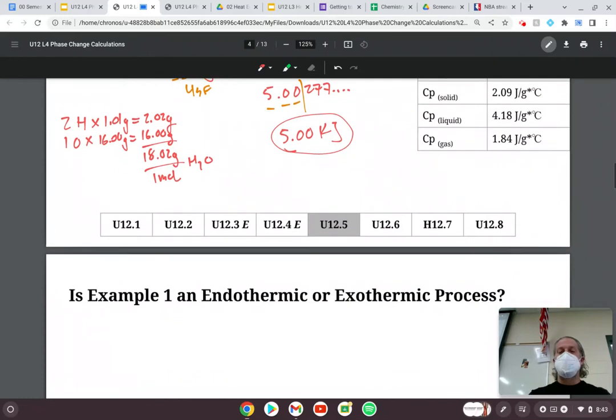All right. So is this an endothermic or an exothermic process? Going back up to our flow chart, we said that it is going to be endothermic, but we also need a little bit more of an explanation.